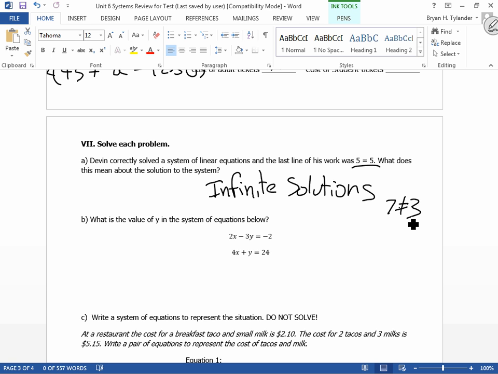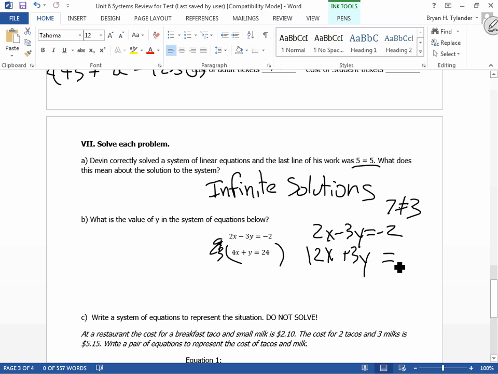This is once again just asking you to solve the equations. Let's multiply. I'll multiply the bottom equation by 3, so I get additive opposites. So I get 2x minus 3y equals negative 2, and then 12x plus 3y, sorry, that's awful, 12x plus 3y equals 72.